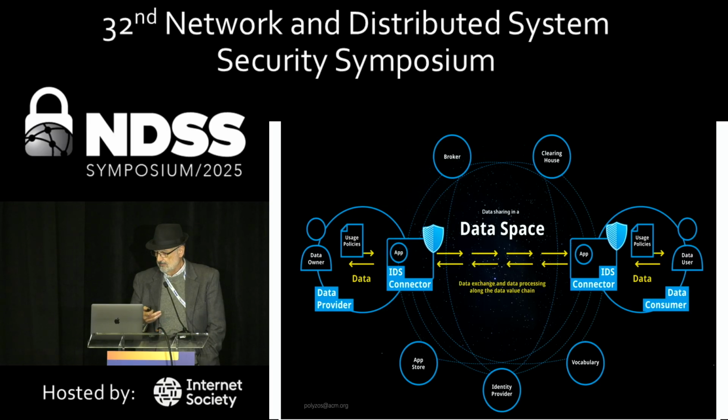A key entity is an IDS connector. So essentially, it's a gateway, it's a translation agent, it helps with interoperability, it helps with access control. And then there are a number of entities and services around it. So there are brokers that help you figure out who has what data.